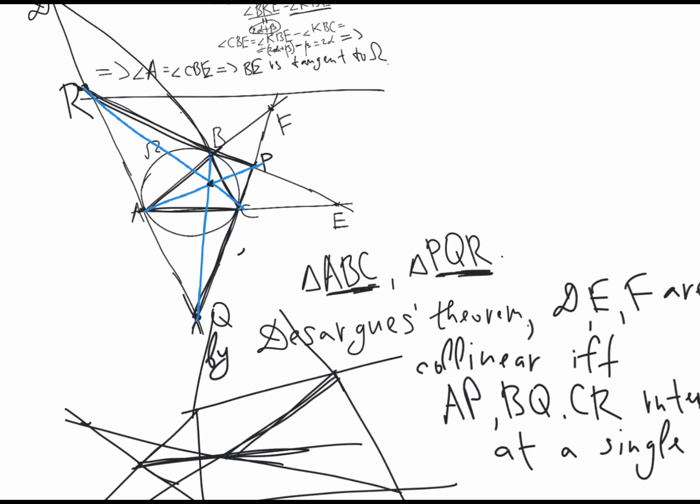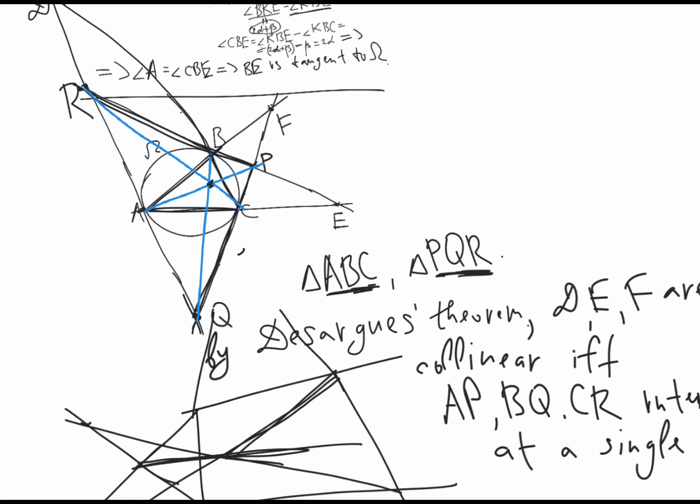In one of the previous videos, I also proved that this point coincides with the Lemoine point of the original triangle ABC, so these lines BQ, AP, and RC are the symmedians of the original triangle. But for the symmedians we don't need it here.